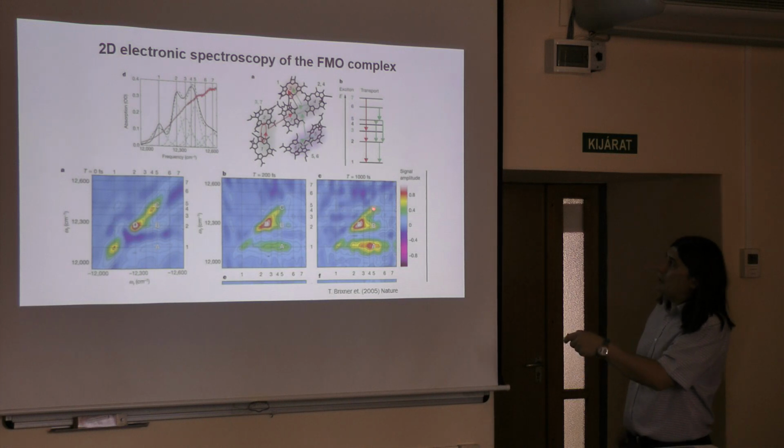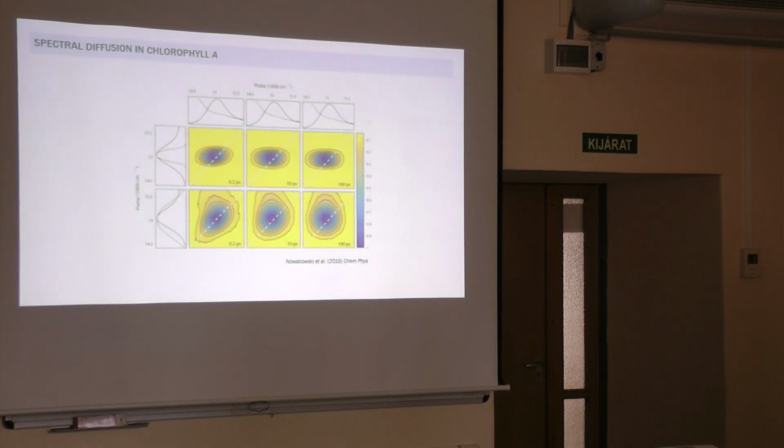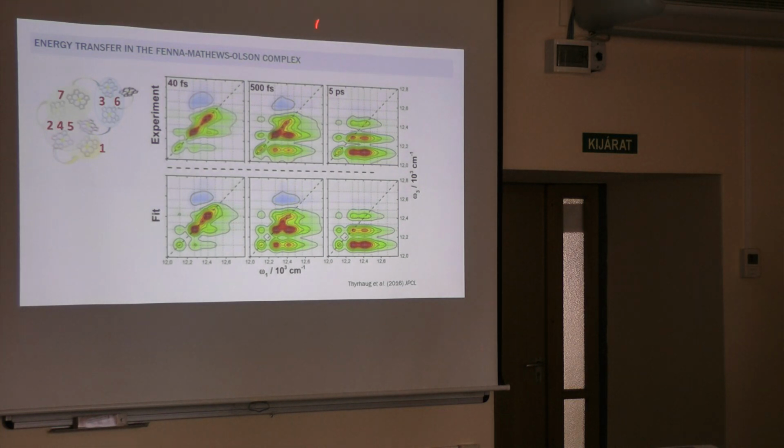So after 1 picosecond, the energy from here drops here. You get the idea. This is a more recent experiment on the same system. You can see much more clearly the excitonic bands and the cross peaks in the 2D spectrum.